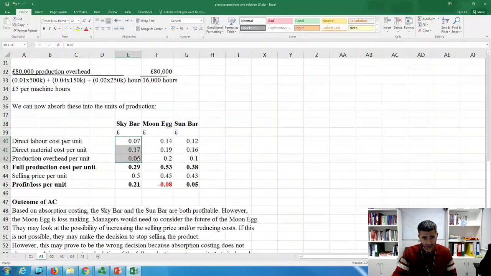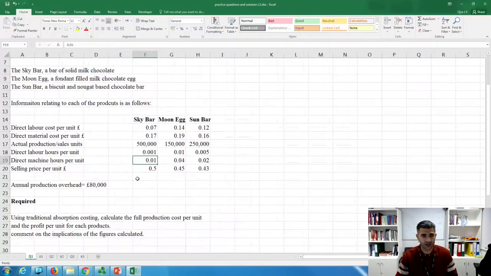If you add up the variable cost, material and labor, and the production overhead per unit, this is 29 pence, which is the full production cost per unit. In order to calculate the profit per unit, you take away the cost from the selling price per unit, which is 50 pence.